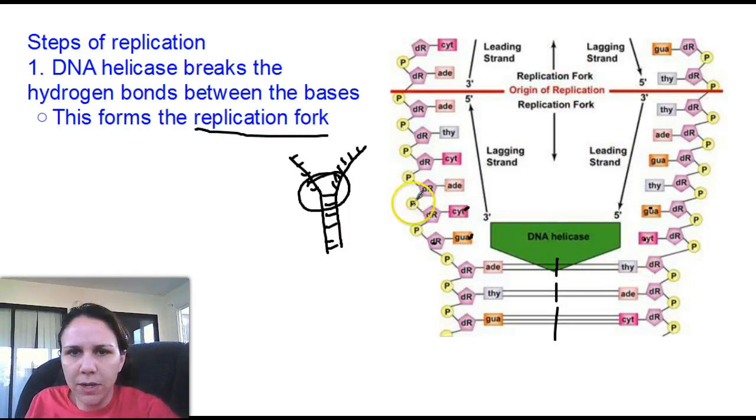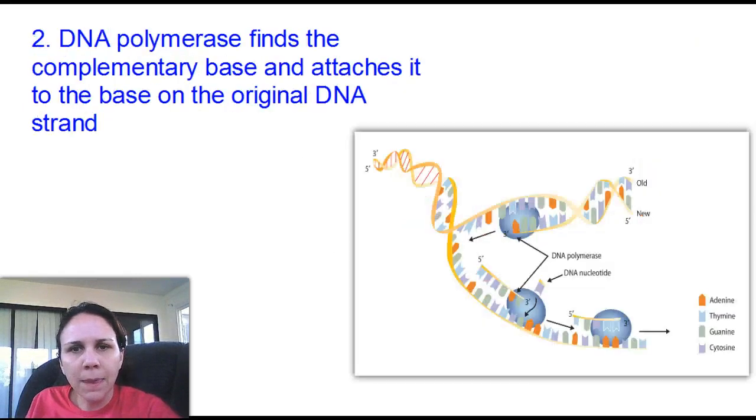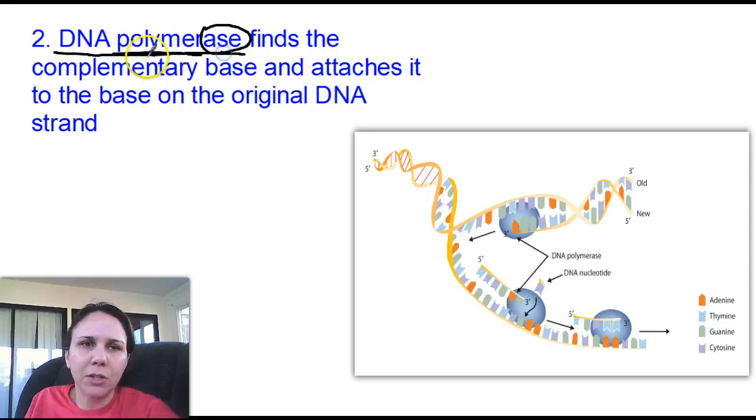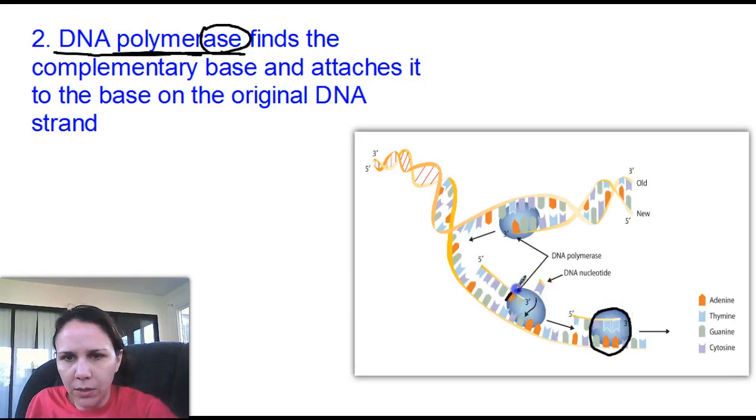We see the sugars, the phosphates, and the bases inside being broken by DNA helicase, which is breaking the hydrogen bonds that hold them together. Next thing that's going to happen is another enzyme called DNA polymerase. Again, it's an enzyme because of the ASE, and the polymer means it's an enzyme that's going to build the DNA polymer. So what he's going to do, you can see him right here, and right here, and right here.